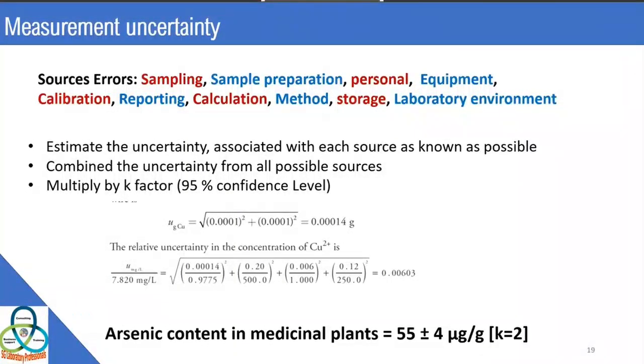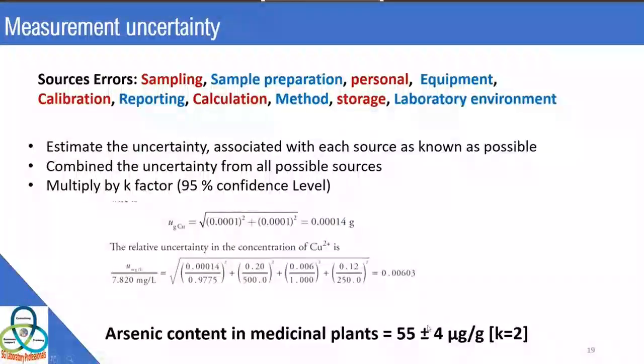So when you report any analysis value, like 55 plus or minus 4 microgram per gram, with k equal to 2, that means the result is reported with a 95% confidence level. 55 is the mean value, and 4 ppm is the variation that can go both sides.